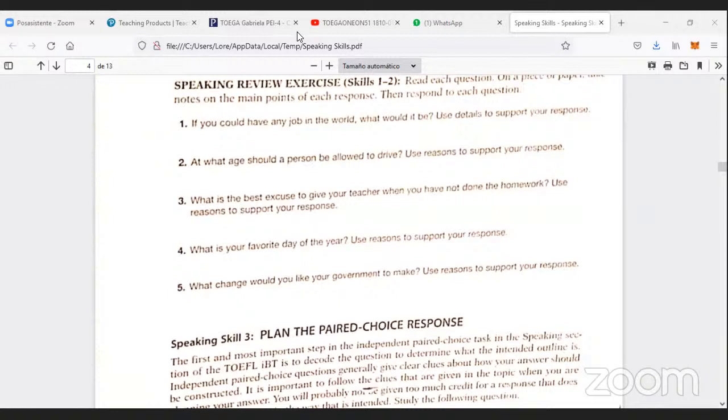Here in Bolivia, 18 is the legal age to drive, but there are statistics that show that a lot of car accidents are caused by young people, or maybe some infractions are caused by teenagers, because I think that an 18-year-old person is a teenager.